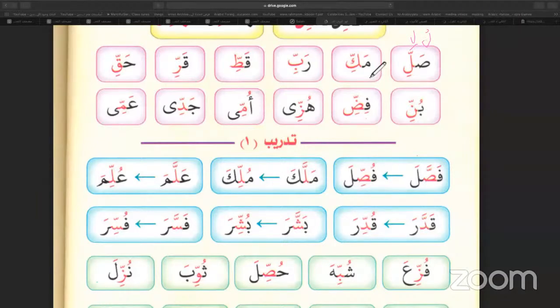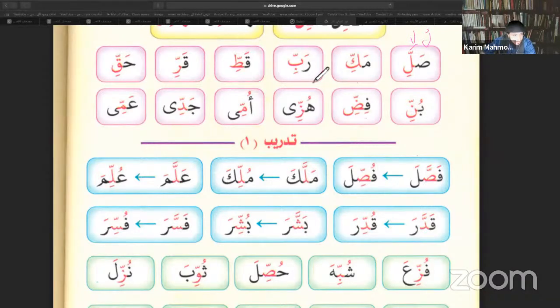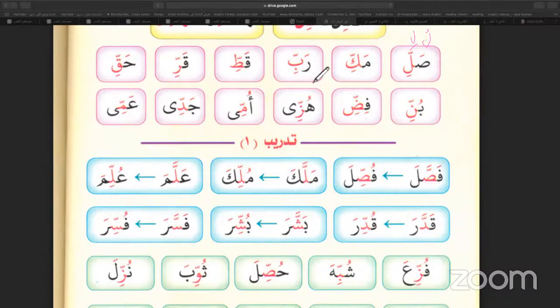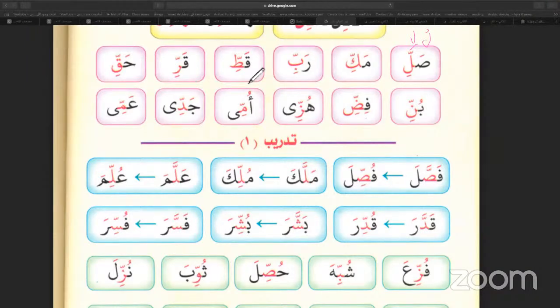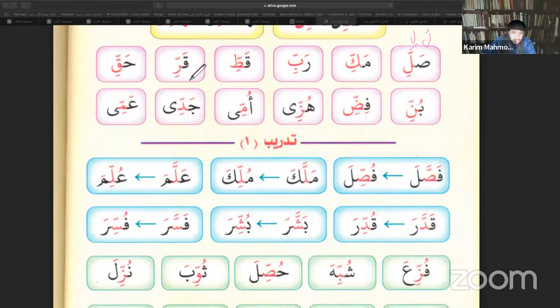Mekki. Good job, mashallah. Next, Ahmed. Okay, Ahmed's not here. Go ahead, Asya again. Rabbi. Good job. Next, Hajar. Qatti. One more time. Qatti. Very good. Next, just make the ta a little heavy, Hajar. Qatti.